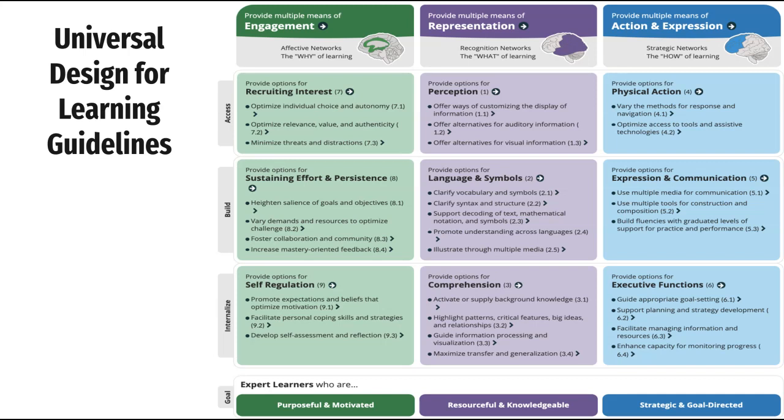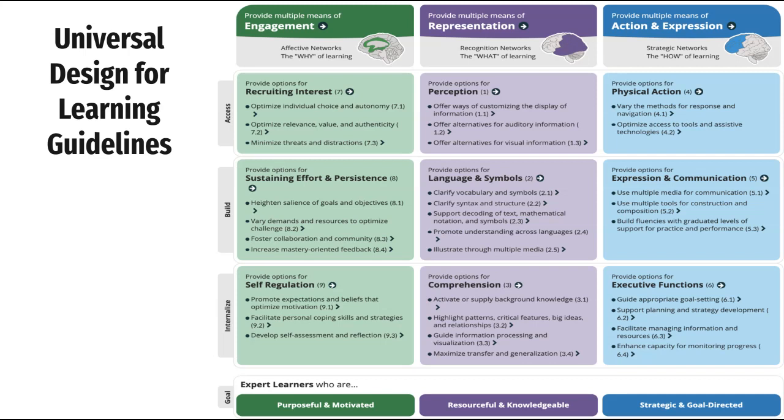Multiple means of representation is the what of learning. So that is the stuff, the materials that you're providing for your students so that they can learn. So with multiple means of representation, you're looking at perception. So how are students interacting with the course content? Are they just visually perceiving the content, or are there multiple ways to visually see content, to listen to audio, to watch a video?